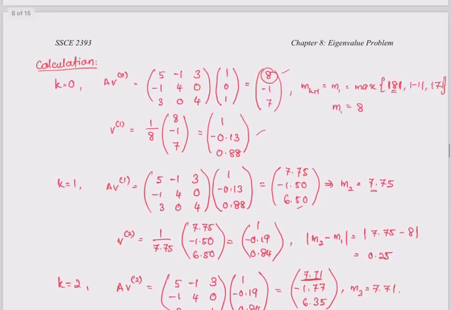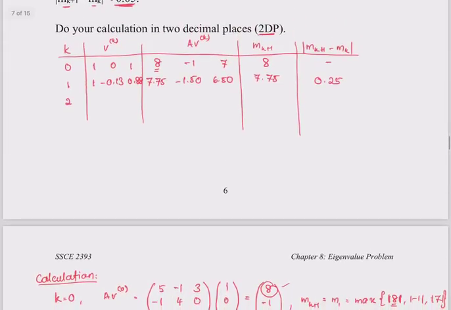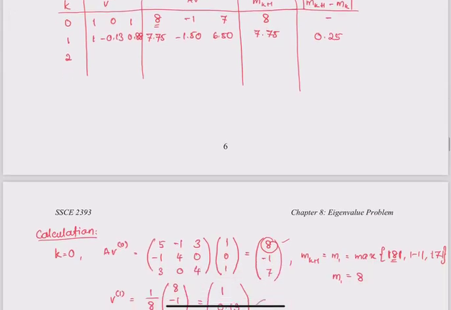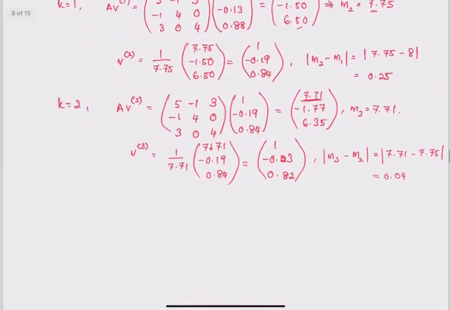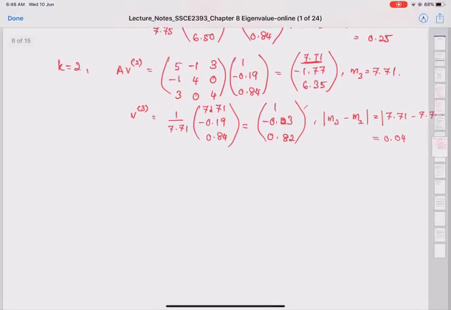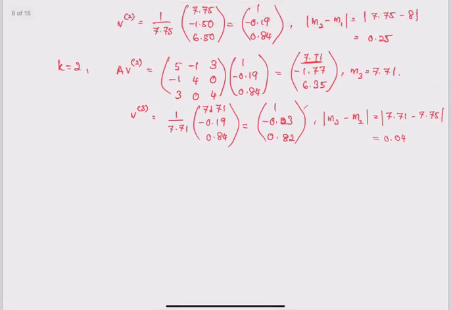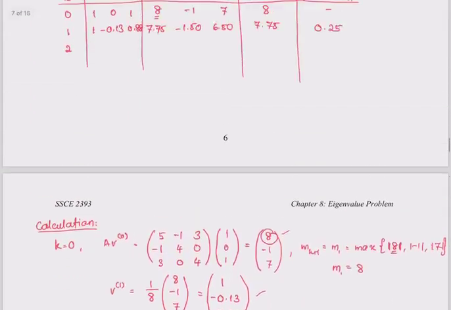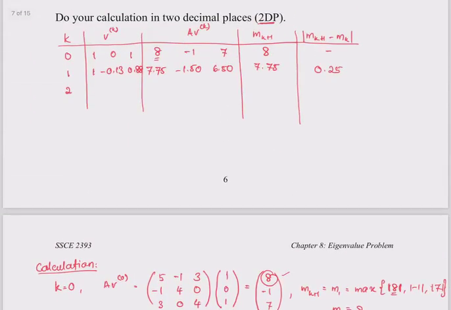And then you can put in the table here. At 2, we will have this one, 1, negative 0.23, 0.82.